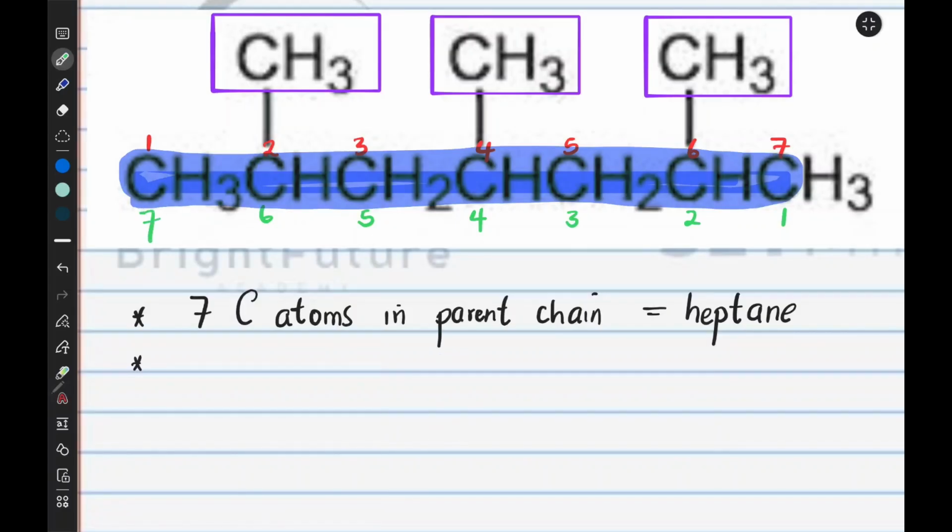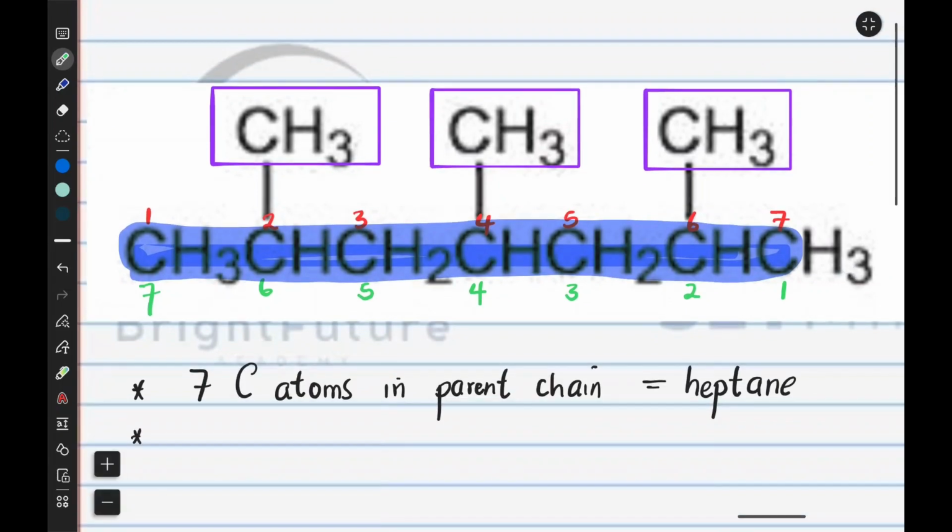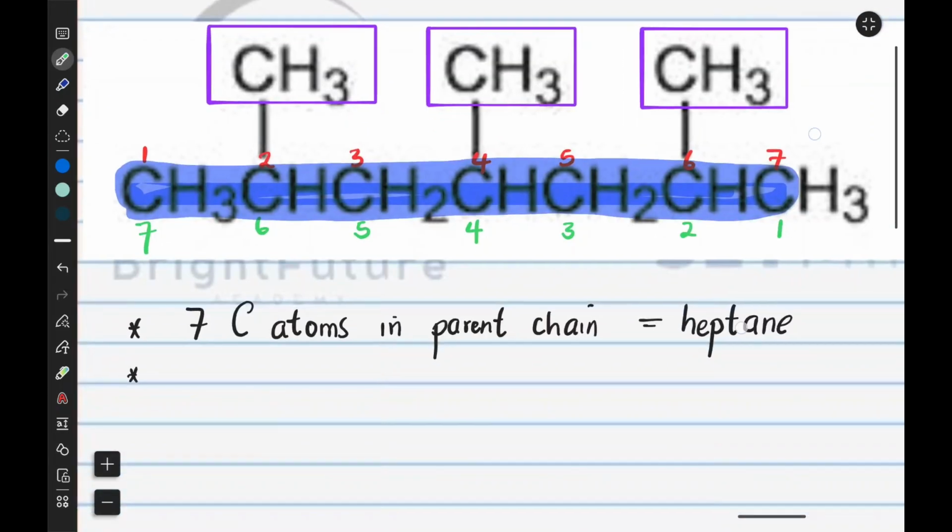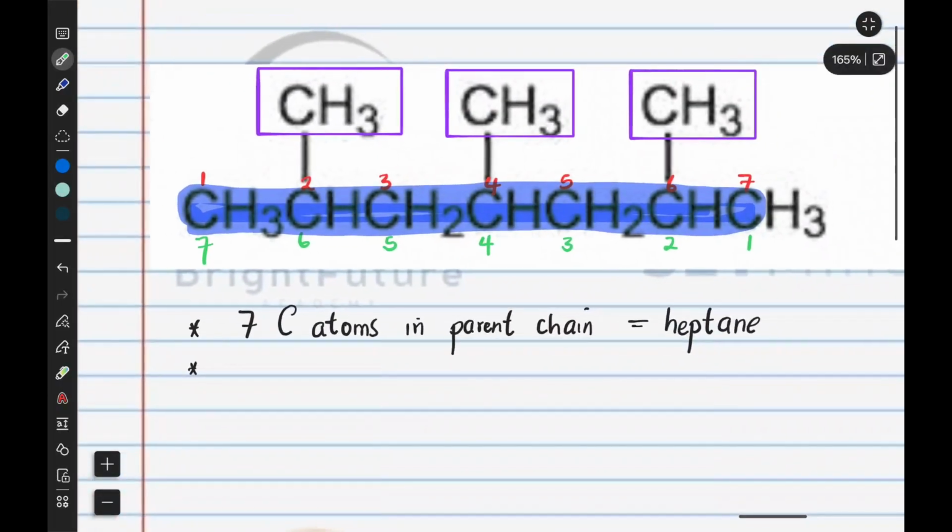So in this case, it doesn't matter whether I number from left to right or from right to left. I get the same positions for each of these alkyl groups. And since it's the same alkyl group repeating, it doesn't matter, right? So I'll just start numbering from left to right, okay?